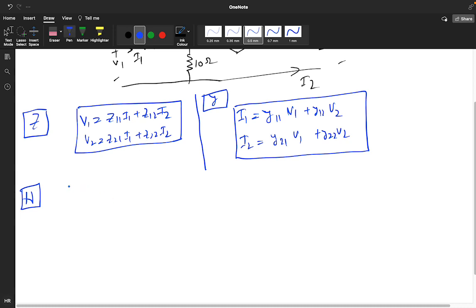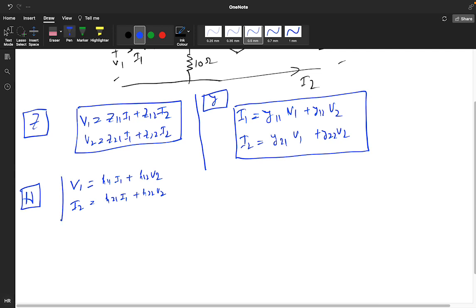Write it down. V1 is equal to H11 I1 plus H12 V2, and I2 is equal to H21 I1 plus H22 V2.